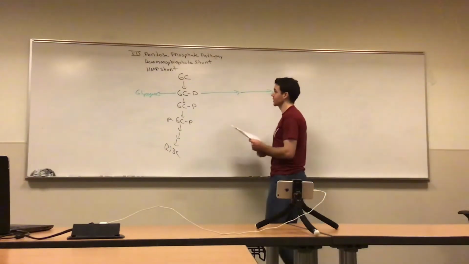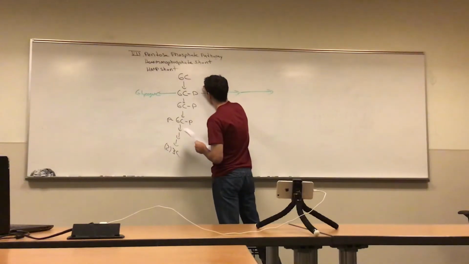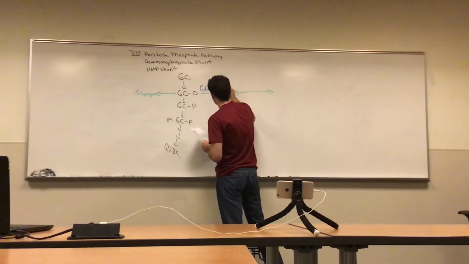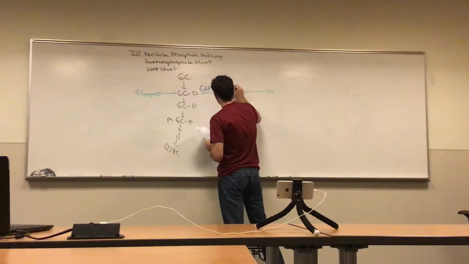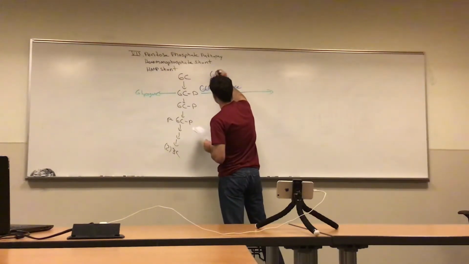The enzyme that does this is called glucose 6-phosphate dehydrogenase, also called G6PD.